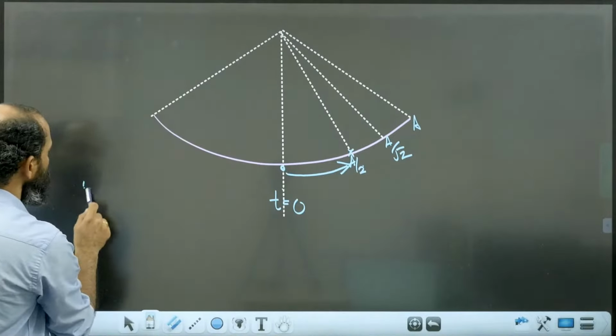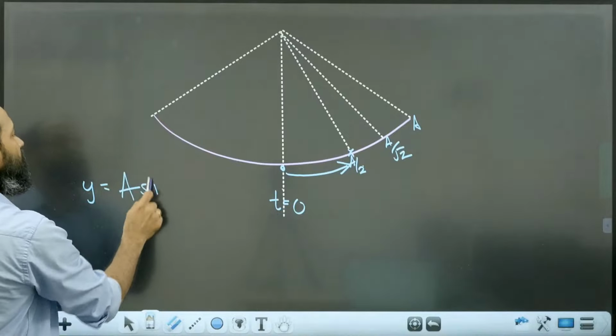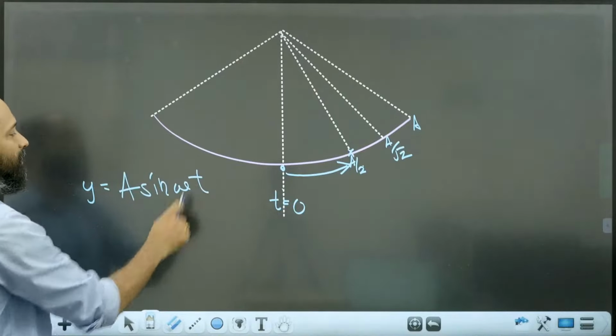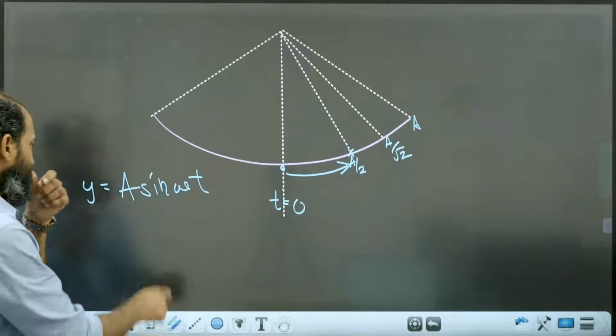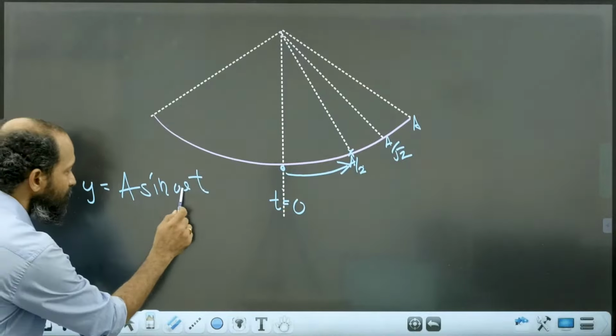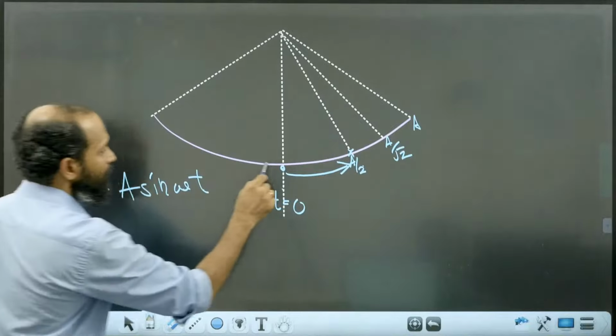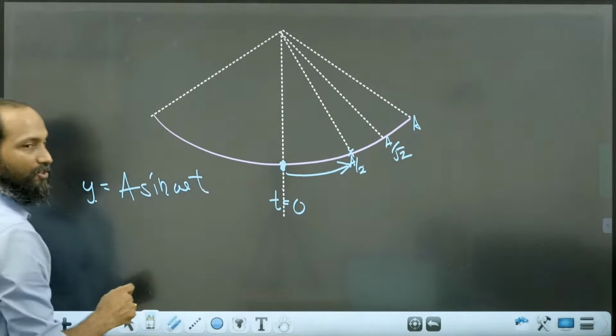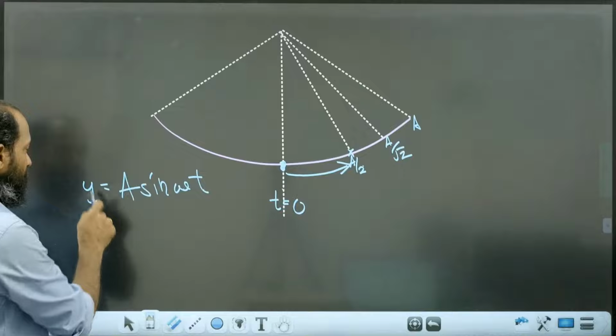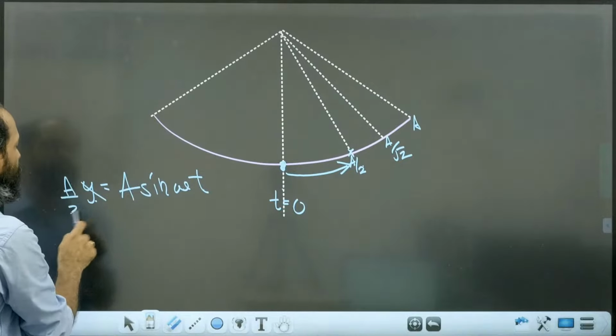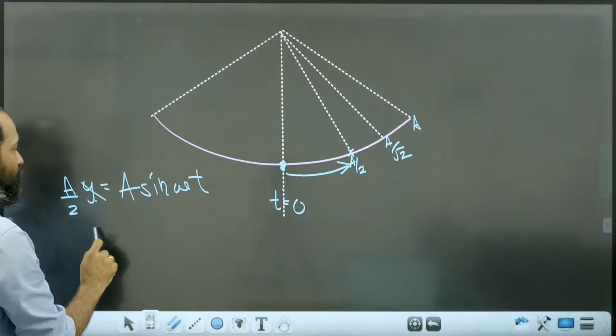So use this formula y equal to a sin omega t, because at t equal to 0, sin 0 is 0, so y is equal to 0. That's why displacement is 0. So the reference is sin reference. Now y can be a by 2, so sin omega t is 1 by 2.